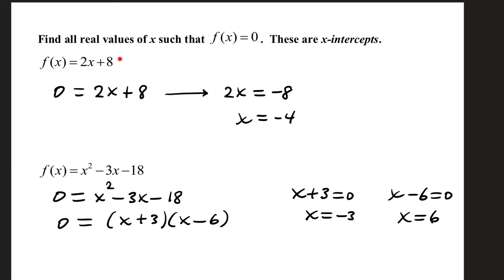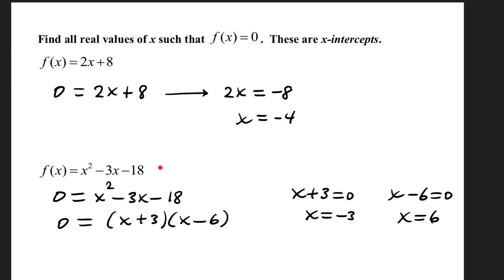If you were to draw this, you would put a dot on the y-axis at 8, and then your slope would be 2. If you were to trace that backwards, aka set your function value equal to 0, you get x equals negative 4. So the point negative 4, 0 would be the x-intercept of this function.